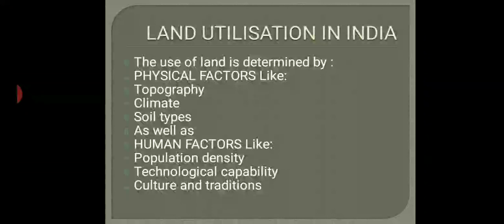And secondly, areas of Jammu and Kashmir occupied by Pakistan and China have also not been surveyed.